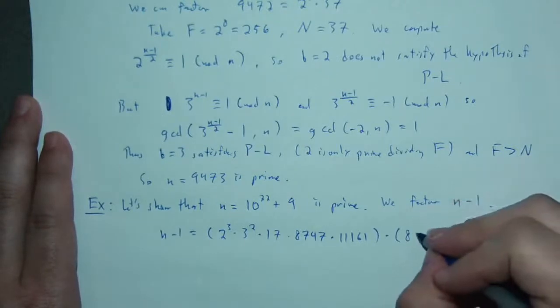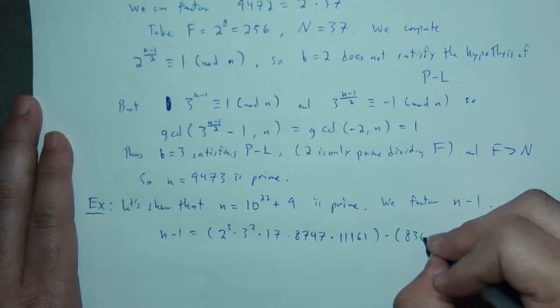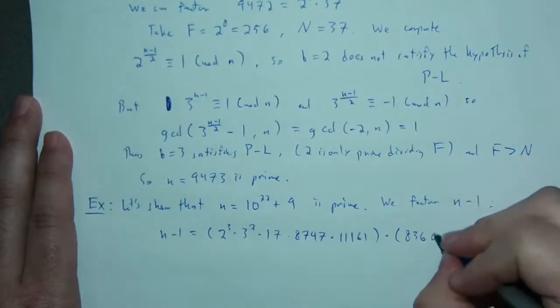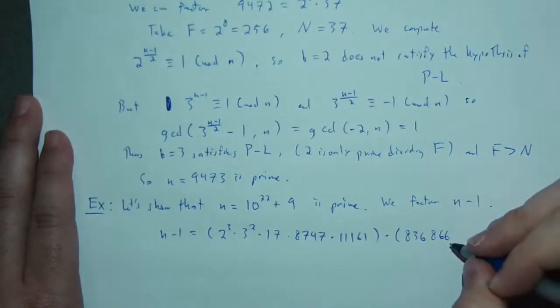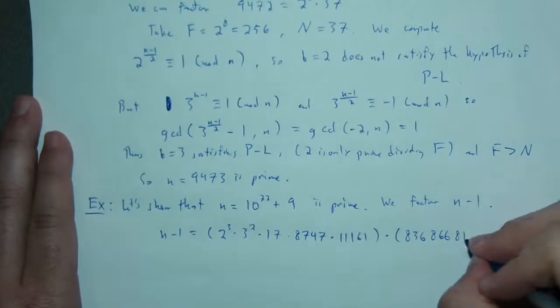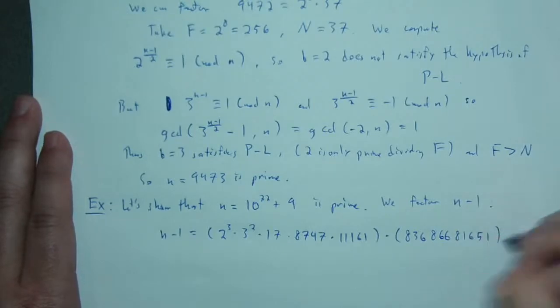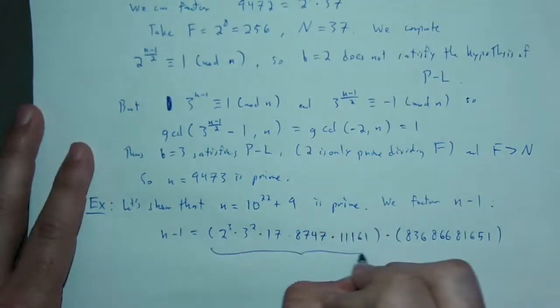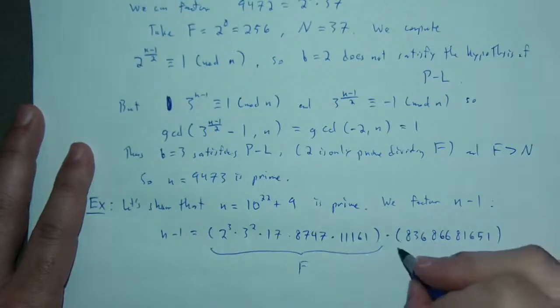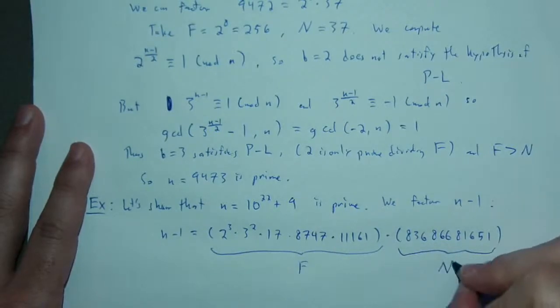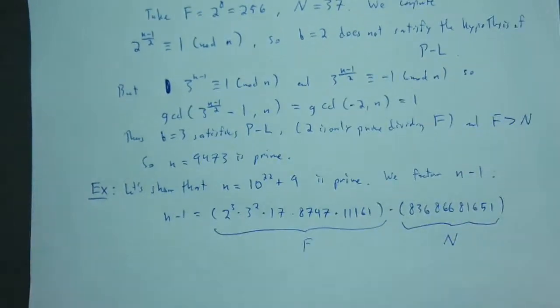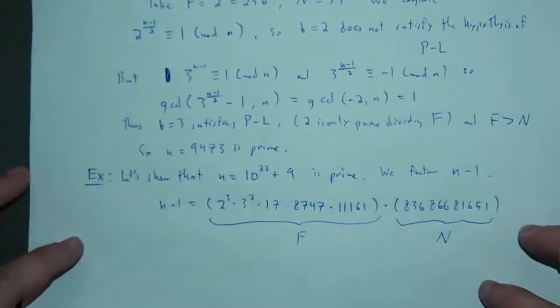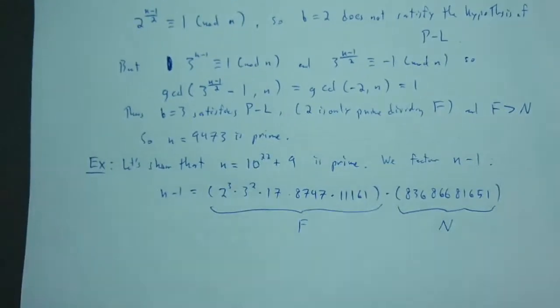I'm just going to read off the digits from left to right. So this is 836,866,81651. So this is going to be my big F, and this is going to be my big N.